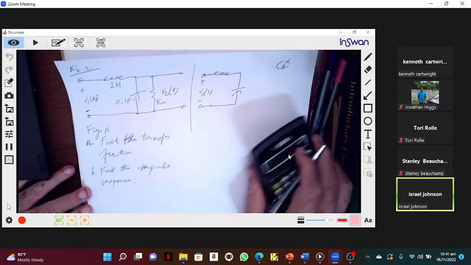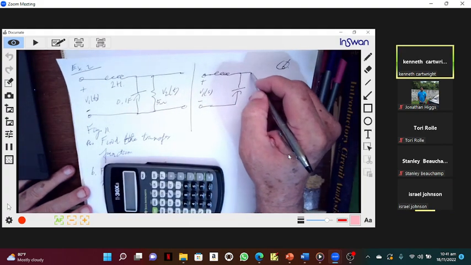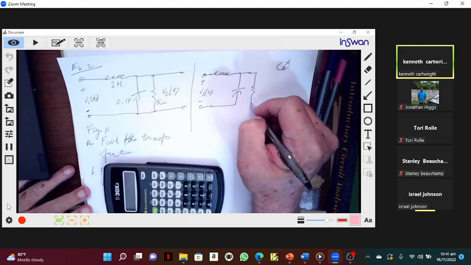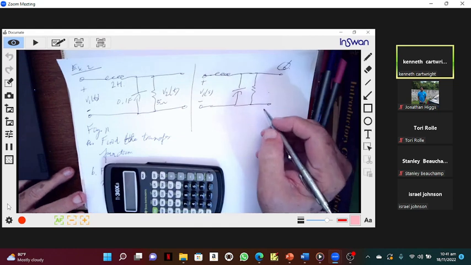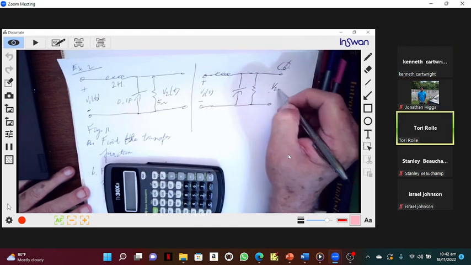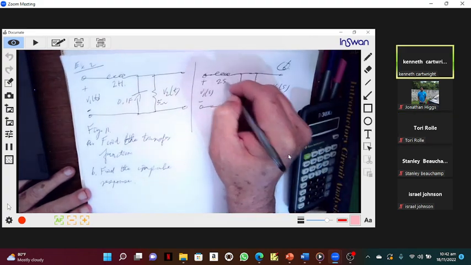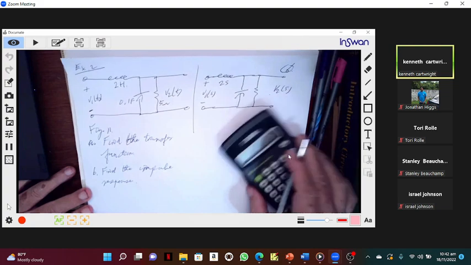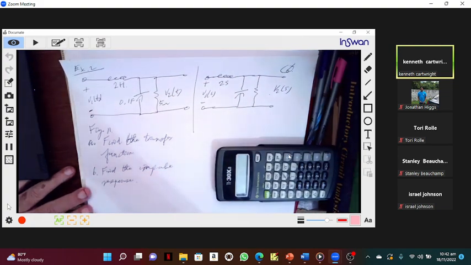So 1 over SL? Why is it you don't know the answer to this question? Is that what we did with phasors? Would it be SL? With phasors it is j omega L, or SL.